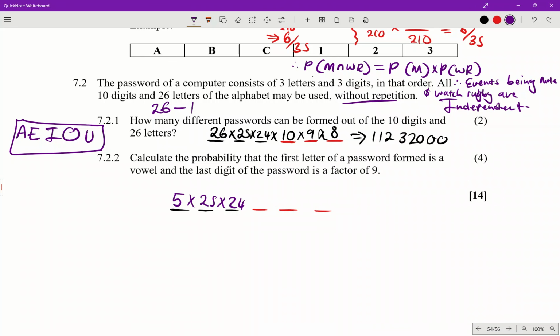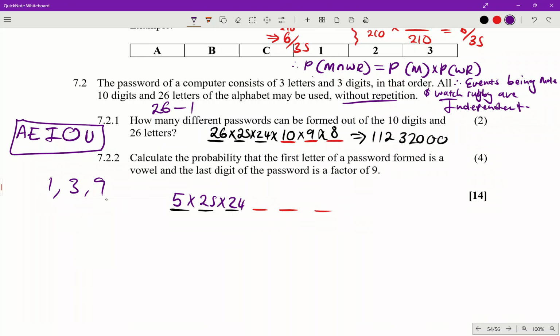Understand? Now, the last digit of the password is a factor of 9. Factors of 9, guys, are 1 multiplied by 9, and 3 times 3. So we have 1, 3, and 9 itself.